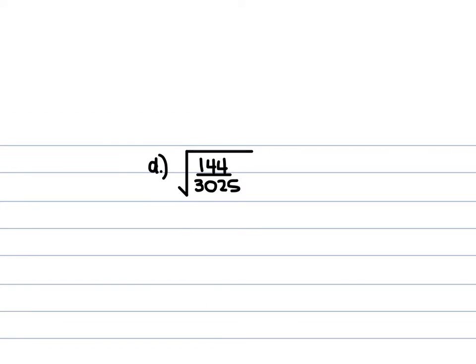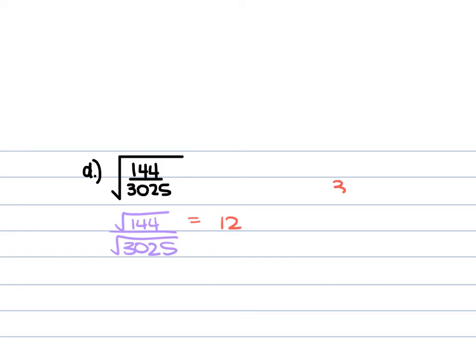For D, we have the square root of 144 over the square root of 3025. So square root of 144 over square root of 3025. Square root of 144 is 12. The 3025, we have to figure that out.